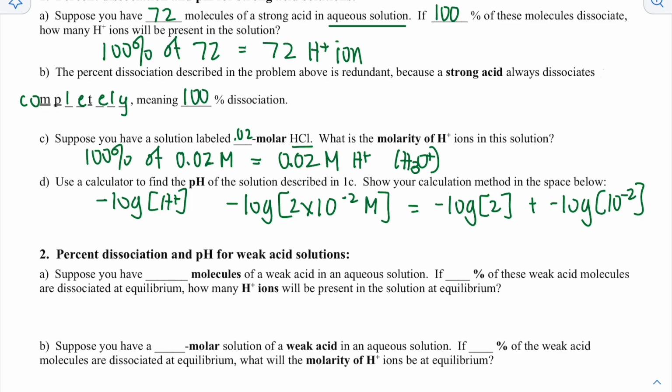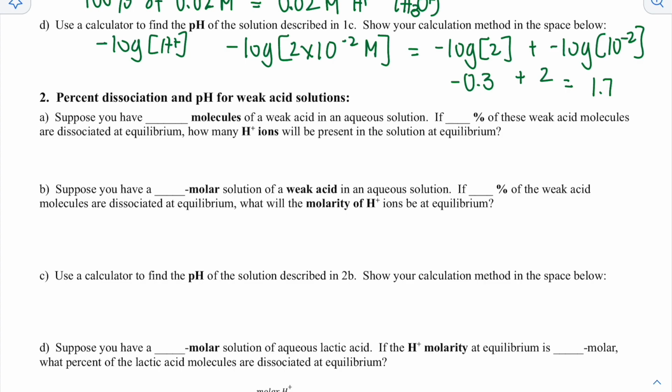So the negative log of 2 is 0.3, and the negative log of 10 to the minus 2 is 2. So the answer to this is 1.7. That is the pH. It's a strong acid, it's very acidic, so the pH is going to be low.